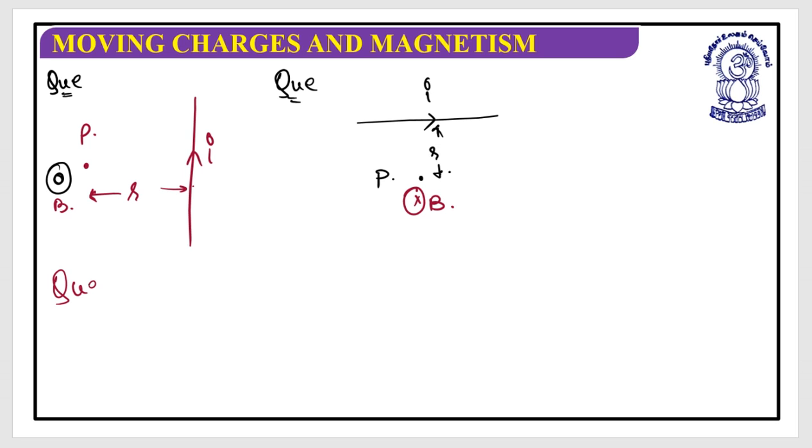One more. Let's have a look. This is point P. This is separation R. Now, how can you do this?